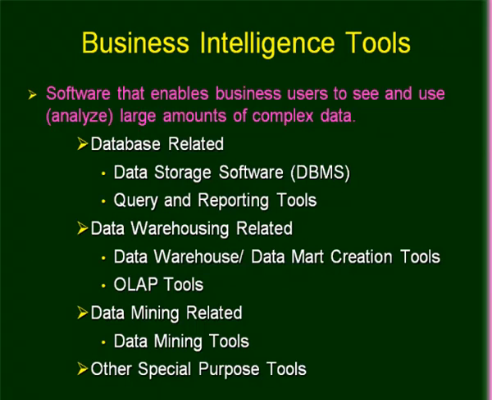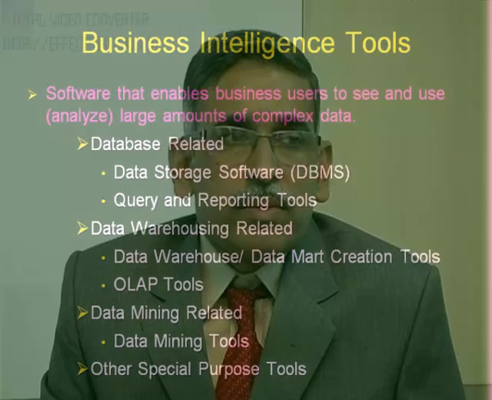So whenever you want to provide a BI solution, you need to integrate the functionality of all these tools together. To know how the business is really doing, we need to use this technology.